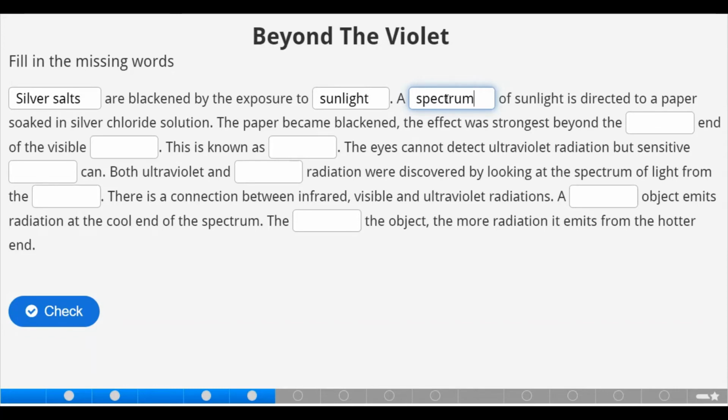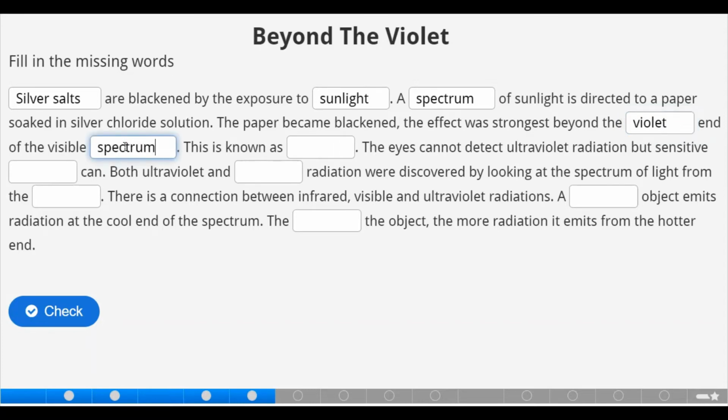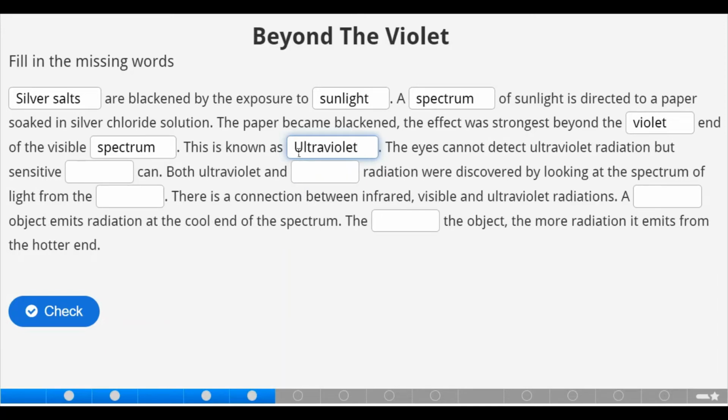The effect was strongest beyond the violet end of the visible spectrum. This is known as ultraviolet radiation.